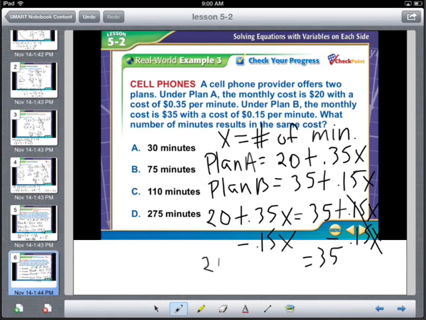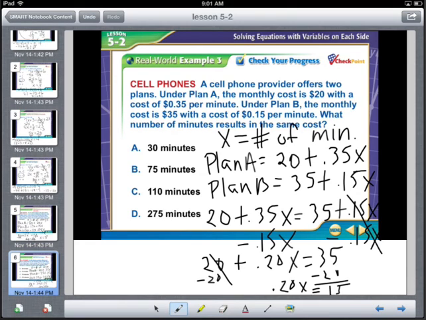Over here I have 20 plus, when I subtract that, I'm going to get 0.20, or you could just put 0.2, that's fine, x. Okay, now I'm back to just a simple two-step equation. Subtract 20 from both sides. Those cancel out, leaving me with 0.20x, and 35 minus 20 is going to be 15.